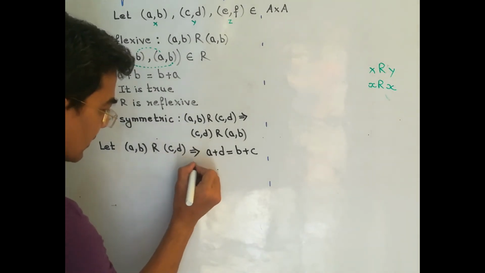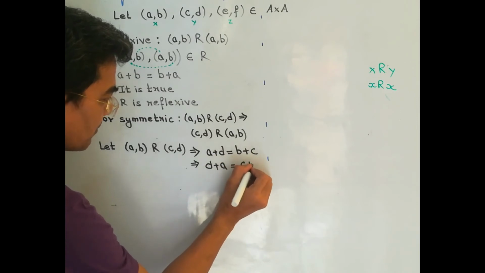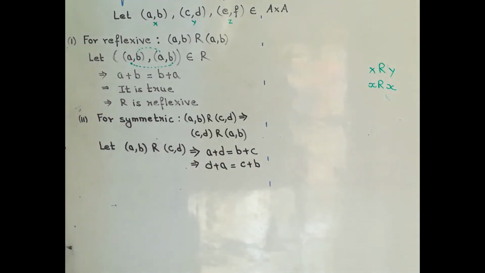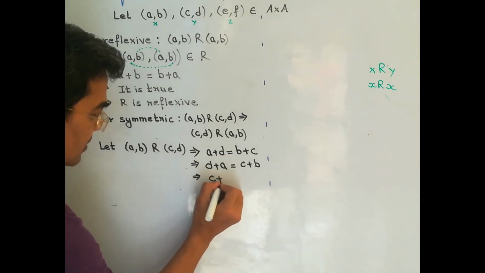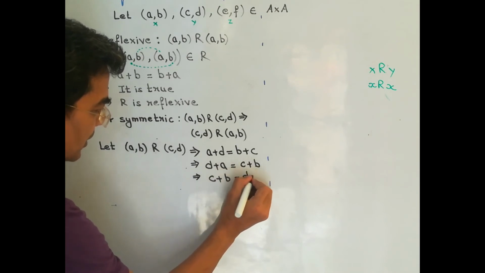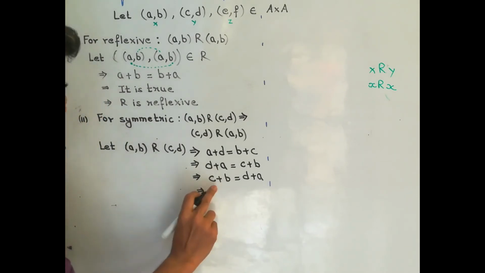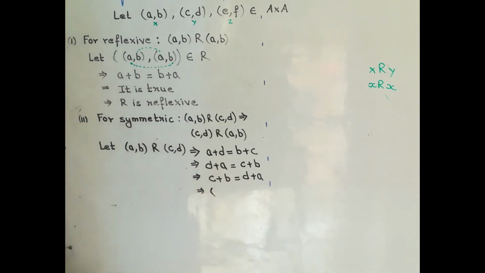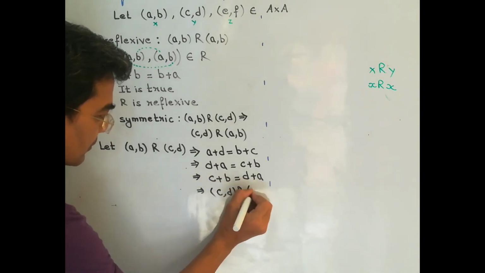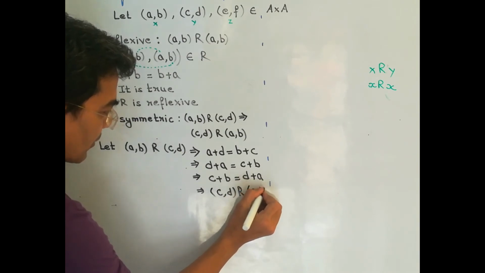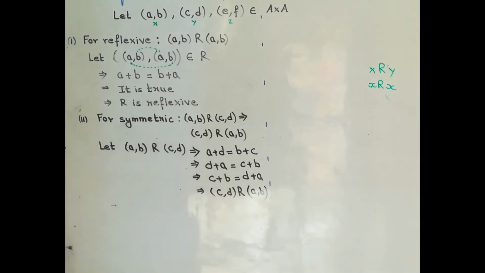Now this can be written like this: d plus a is equal to c plus b. Further, you can write c plus b is equal to d plus a. Taking it back, we get c comma d is related to a comma b, since c plus b is equal to d plus a gives the same relation.